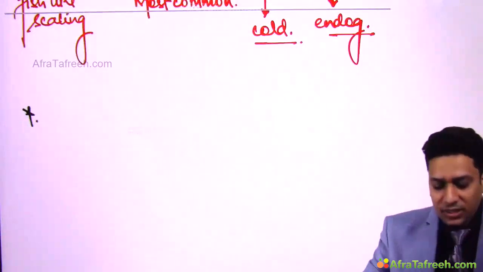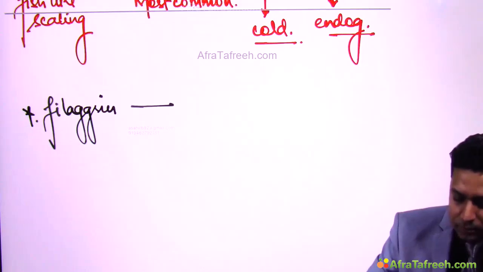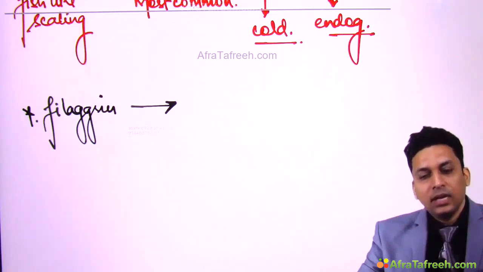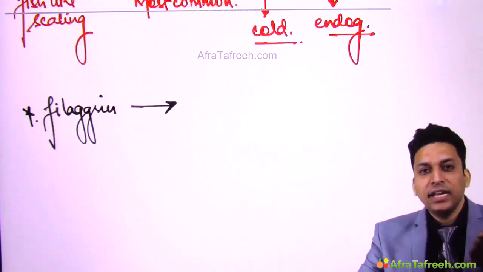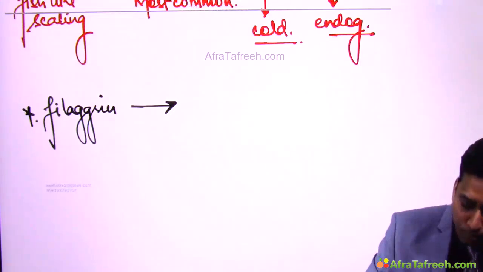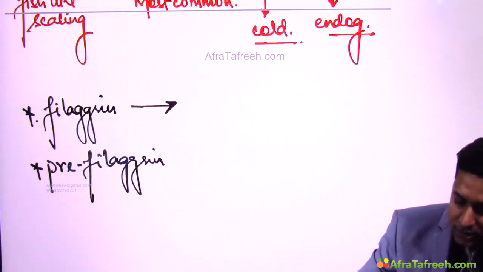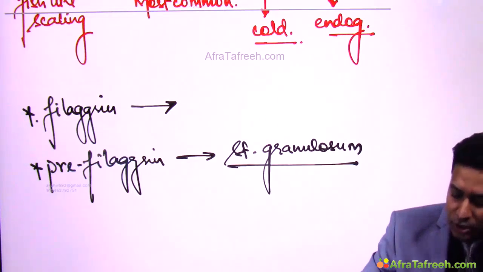Now sometimes a question is asked that filaggrin is present in. So I already told you that pre-filaggrin is present where? In keratohyalin granules, it is being synthesized by keratohyalin granules, where? In stratum granulosum. So pre-filaggrin is present in stratum granulosum, and this is a precursor molecule.